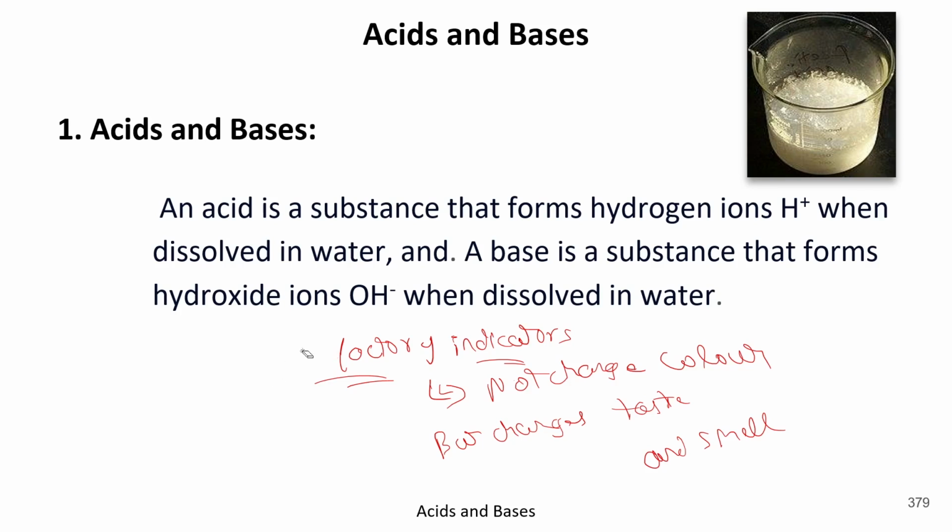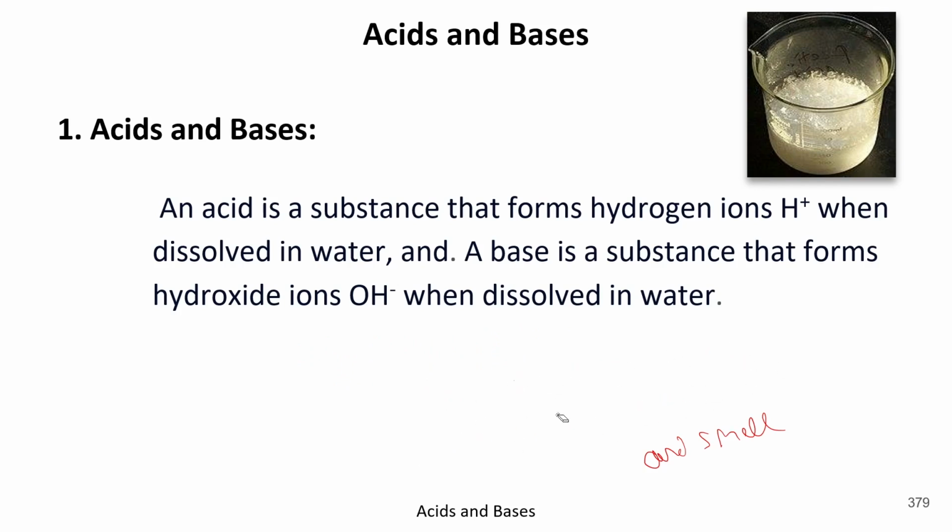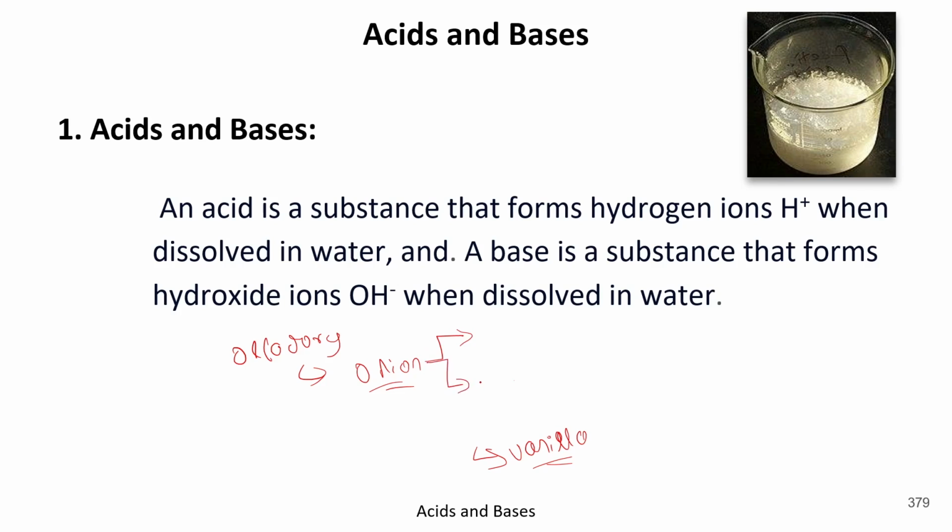Okay, so basically we use two main olfactory indicators. First is onion, second one is vanilla. Okay, for onion in case of acid, for base.